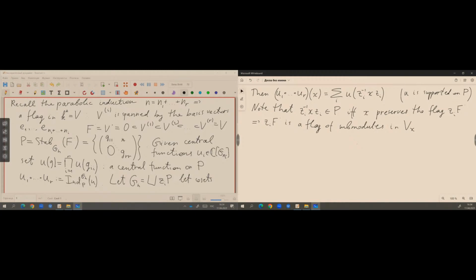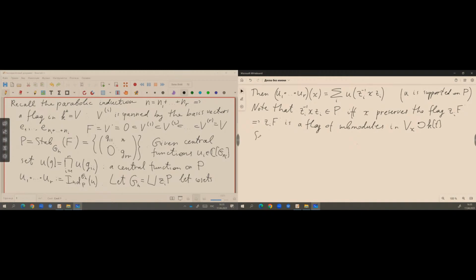So as we argued many times, any element in GLn or any matrix at all defines a module over the ring of polynomials, where t acts as x. Okay, and now, since this flag is preserved by x, it means that it's the flag of the submodules in this module.